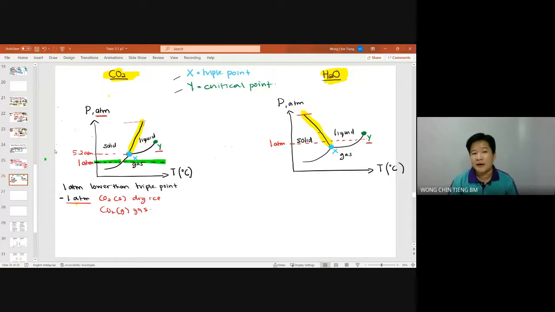And that is my anomalous behavior. Why is the anomalous behavior only the 1 atm position? Because most of our substances can have solid, liquid, gas at 1 atm. Right? Normally we can have solid, liquid, gas at 1 atm. But carbon dioxide will never exist as liquid carbon dioxide at 1 atm. Can?